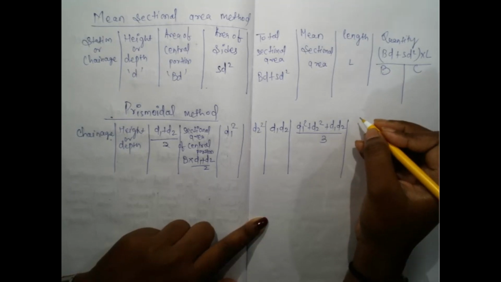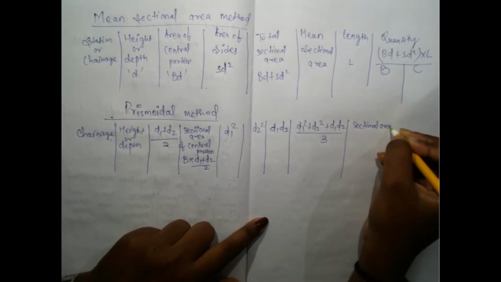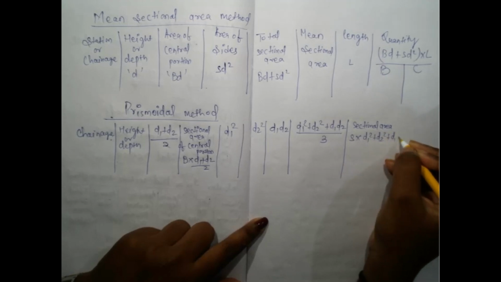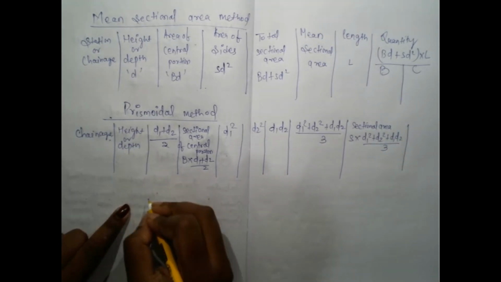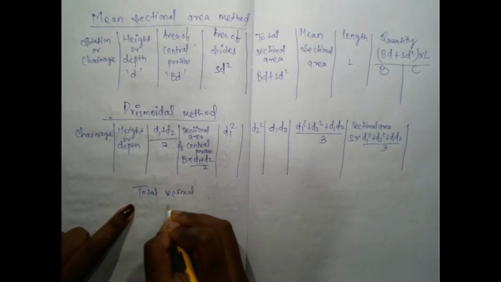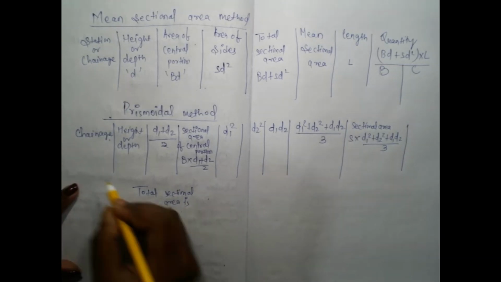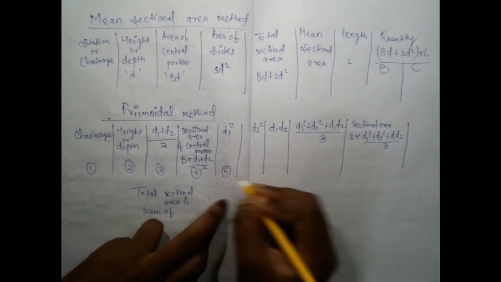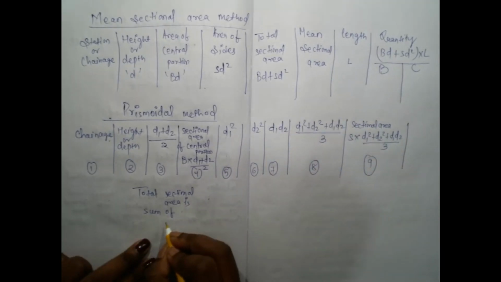Then sectional area of sides, S into D1 square plus D2 square plus D1 D2 by 3, and it will be continued further here as total sectional area. Suppose these are columns 1, 2, 3, 4, 5, 6, 7, 8, 9, and suppose this is column 10.